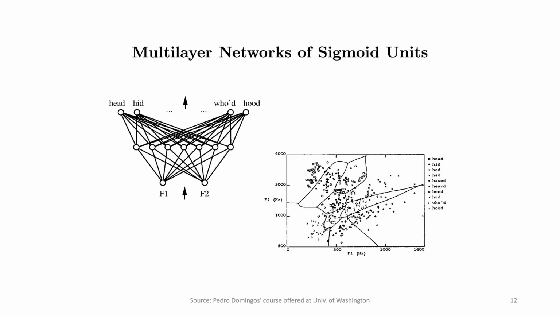The dots are a little small, but you can see the different decision regions for the words going from head, hod, had, and so on, heard, all the way to food. So this is an illustration that neural networks can learn fairly complicated boundaries with just one hidden layer, and we'll talk more about that.